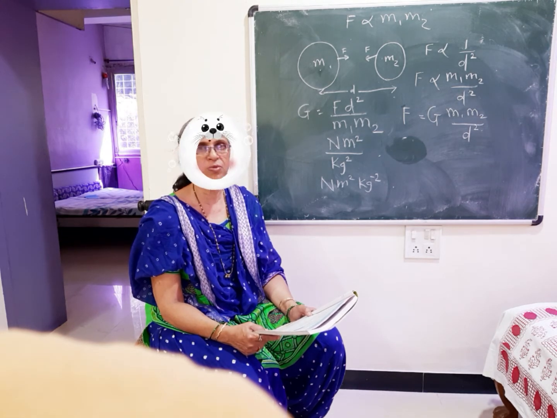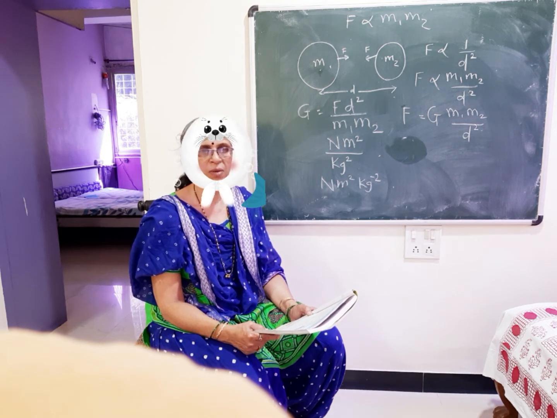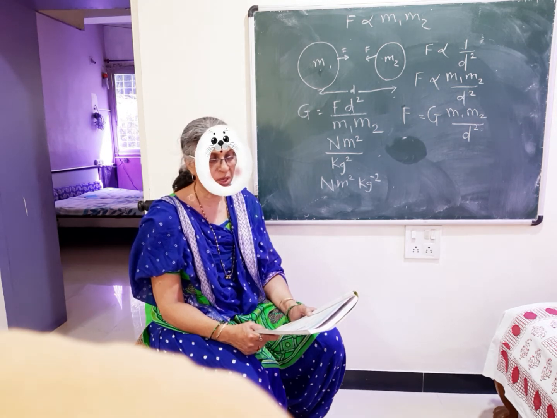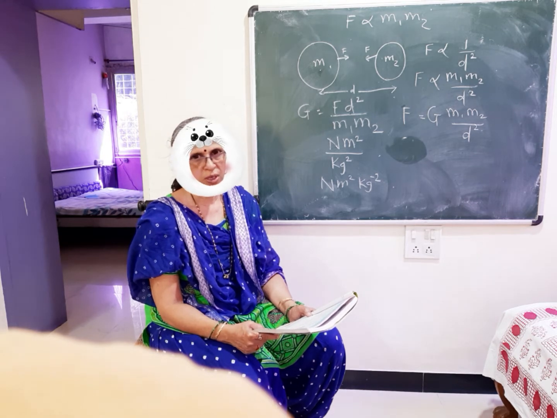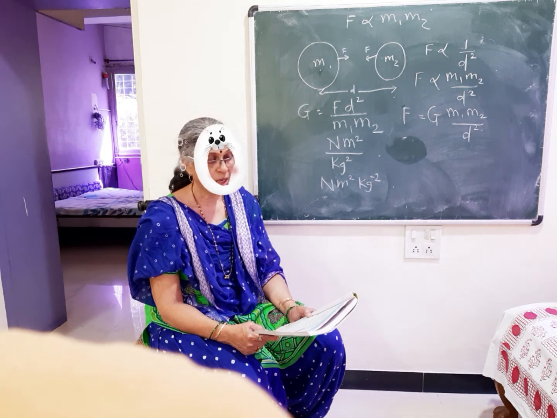So what is uniform circular motion? When an object is moving in a circular path with a constant speed, it is known as uniform circular motion.